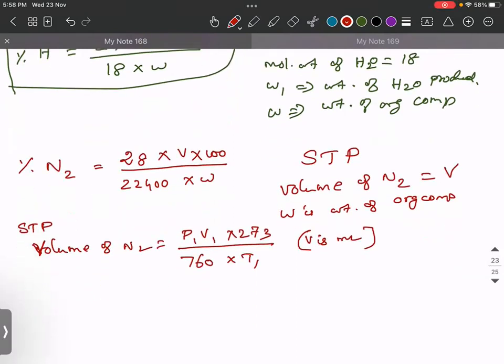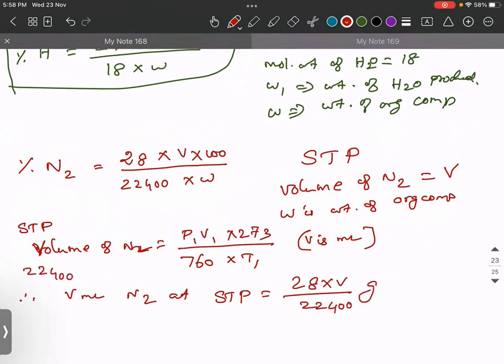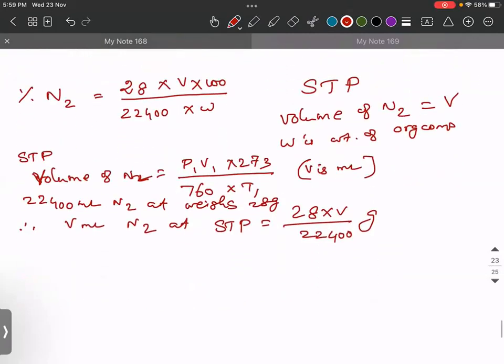If you are calculating V ml of N2 at STP, it weighs 28 into V divided by 22,400 grams, because 22,400 ml of nitrogen at STP weighs 28 grams. So this is one method.